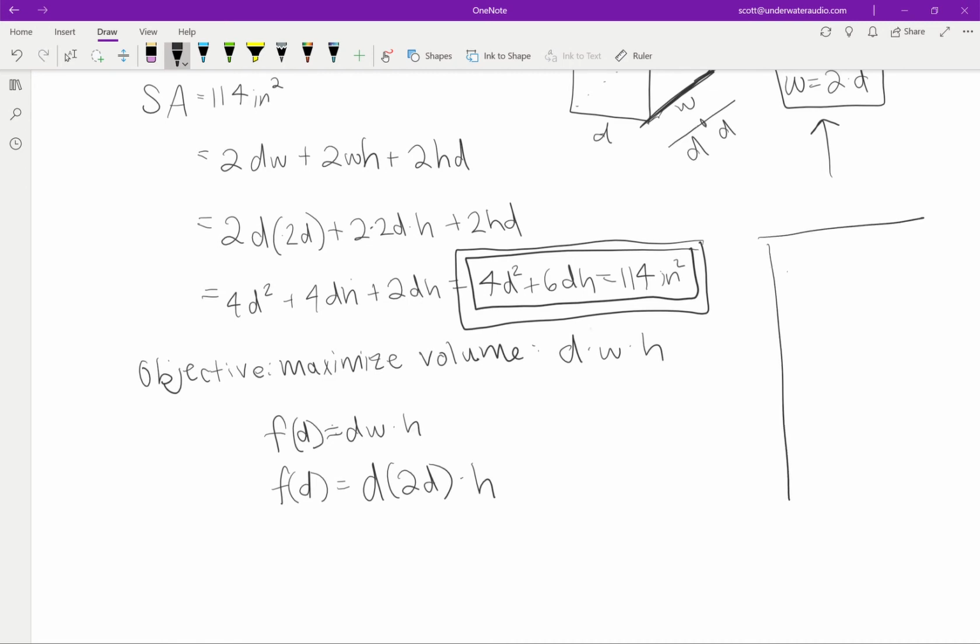So I have 4D squared plus 6DH equals 114. To get H by itself, I'd subtract 4D squared, and then divide by 6D.